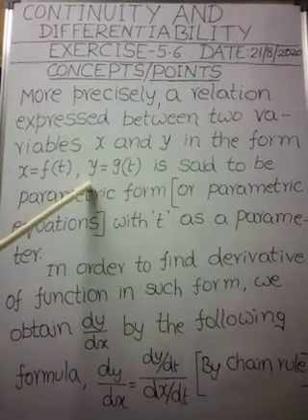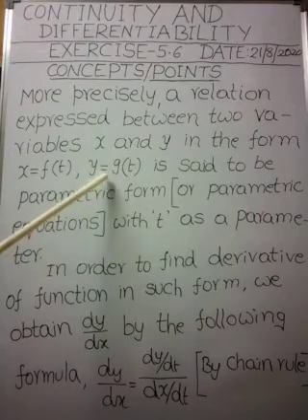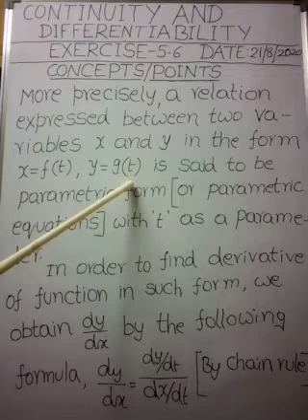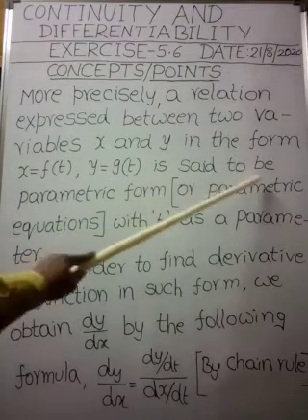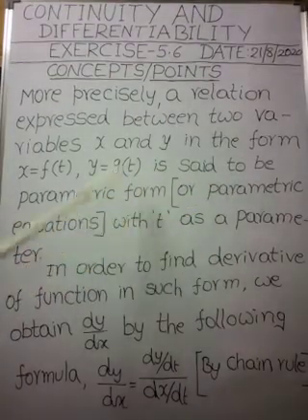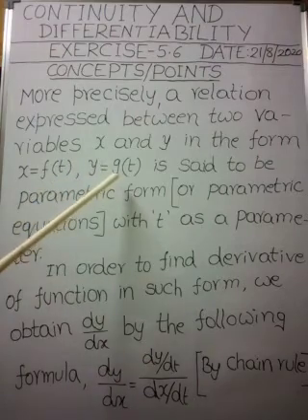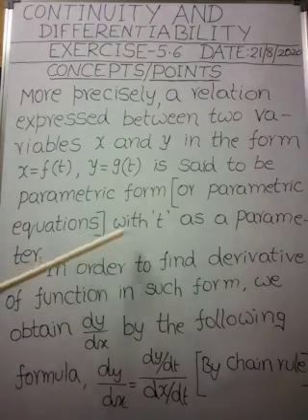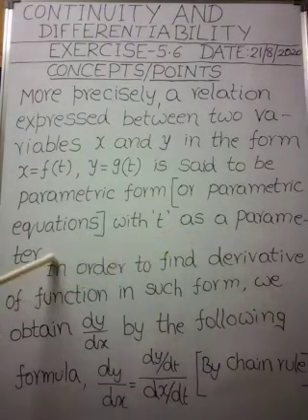Similarly, y is defined as a function of variable t. Understood the point, my dear children? This is said to be parametric form. These two equations together are called parametric form or parametric equations with t as a parameter. Understood this point, my dear children?